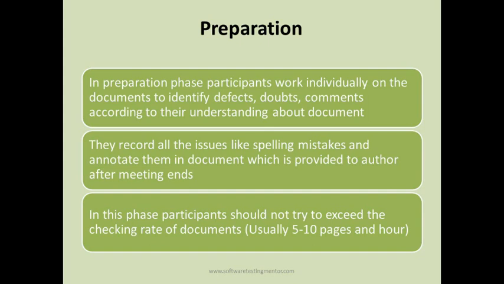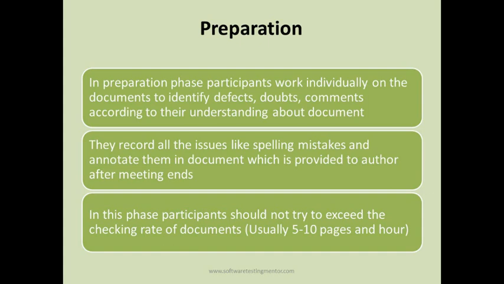The reason for that is to ensure that everybody in the review team is paying proper attention to the document, reads all the things in the document properly, and is able to find the issues properly.